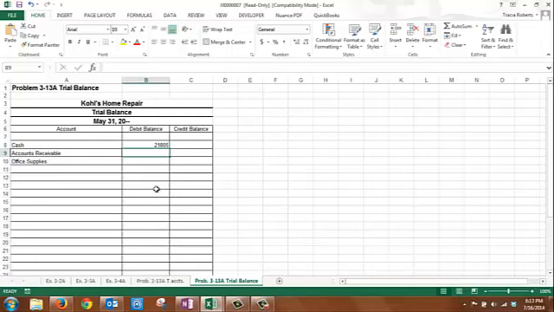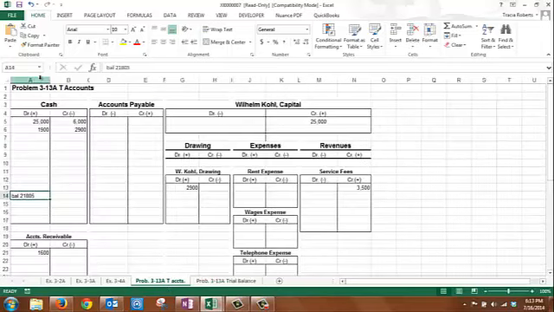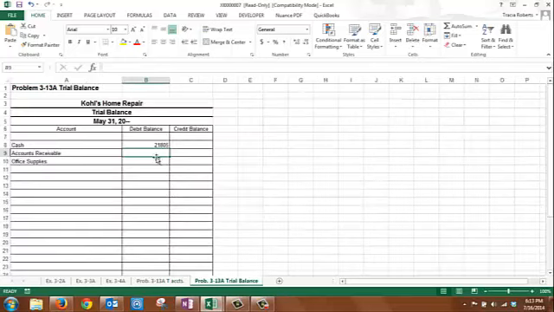So remember, before you can do this, you must complete your T accounts and total up each of your columns. If there's an amount in both columns, subtract them to determine what the true balance is left on that account. And then you want to carry that balance over to wherever it belongs on this. Don't forget to put in all of your different account names.